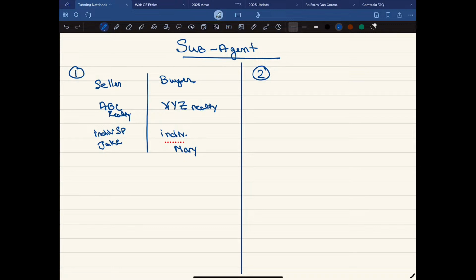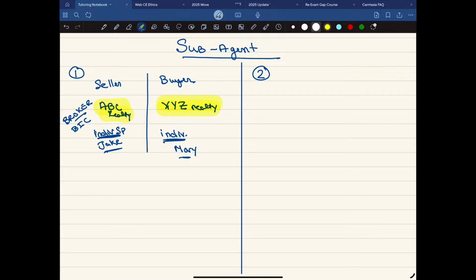The first thing we can say is that the individual agent, Mary, and the individual salesperson, Jake, are not who was hired. ABC or XYZ, whoever this broker is, or if you're in North Carolina, this BIC, is who they hired. So the actual agent is ABC Realty, and the actual agent is XYZ Realty.